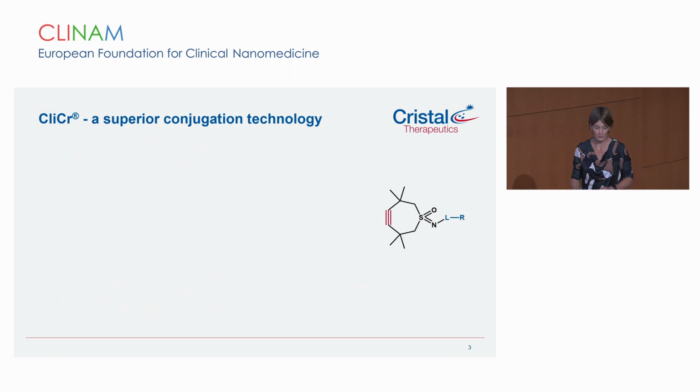So you have already seen, I think, in quite some presentations, copper-free click reagents. And the most predominant ones are BCN, DBCO, structures that, and unfortunately I don't have a pointer here, but you see that in our case it's a 7-membered ring. So the 7-membered ring clearly still also contains the alkene because it should conjugate to an azide-containing compound.